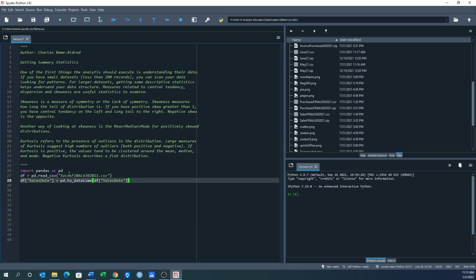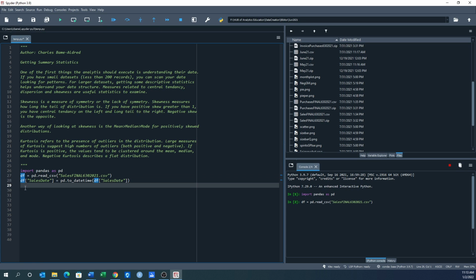Okay, you've seen these three lines before. So we're just going to run these, import that, start my data frame, and convert to a sales date.